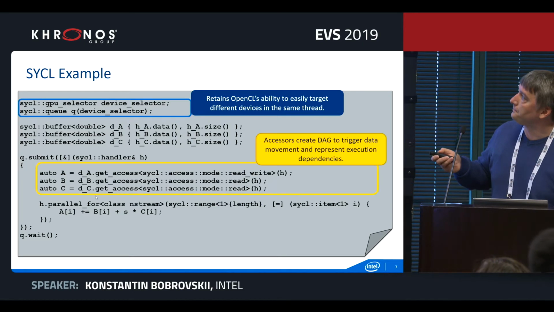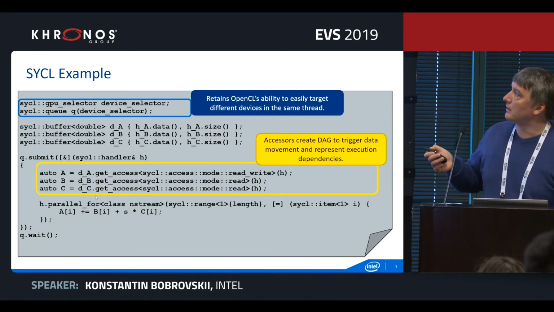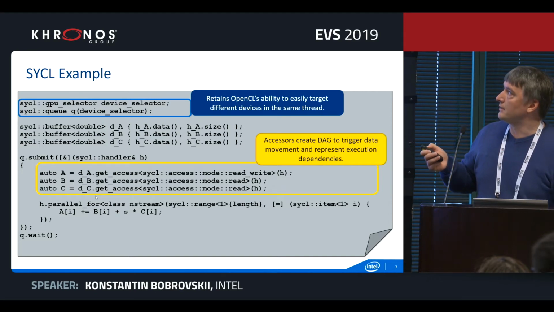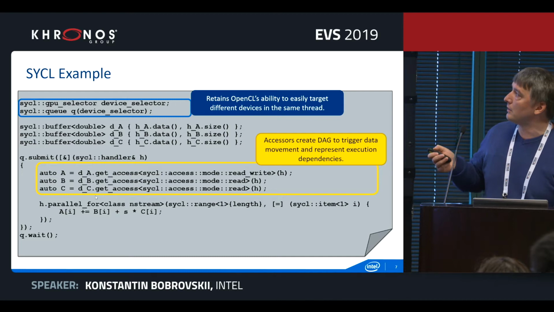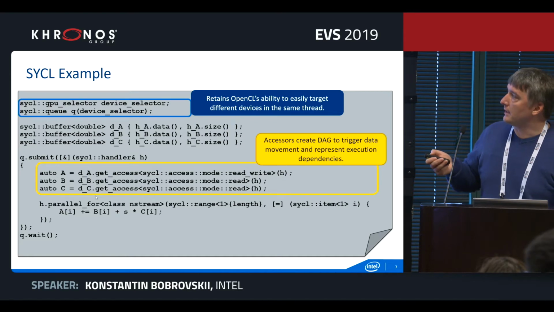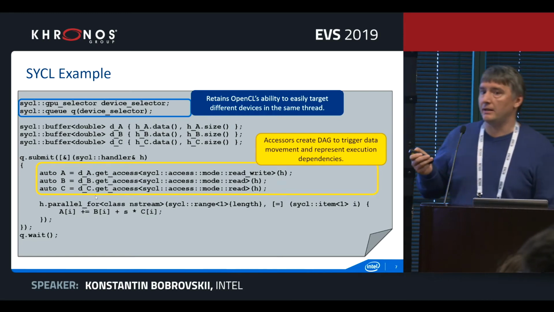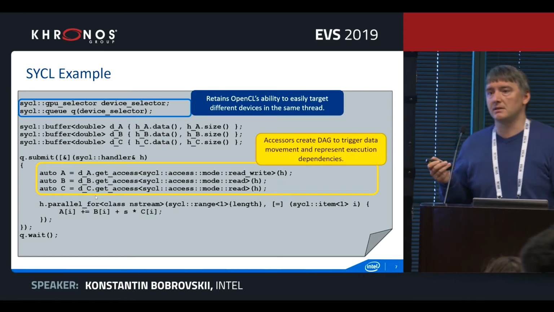So this part is actually defining your data, which will be used in the kernel, and here is the command group where you create accessors to the data. And those accessors actually create a dependence graph.